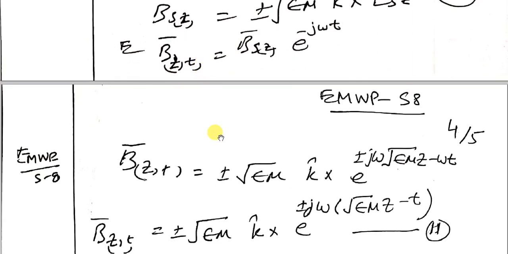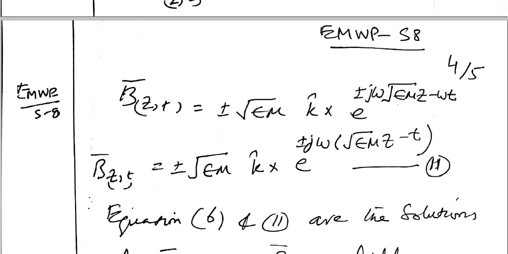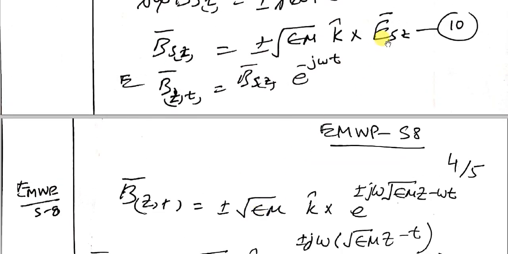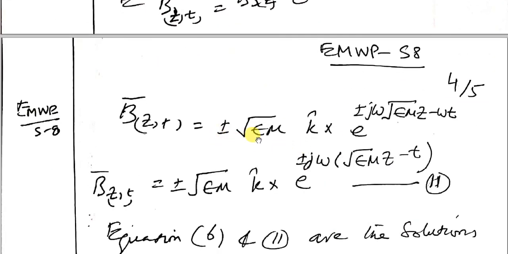Further, putting the E of sz value here, we get plus or minus square root of epsilon mu, k unit vector cross k, which is the direction of the wave propagating along the z direction, plus or minus omega square root of epsilon mu times z minus omega t. Actually the j is taken common.